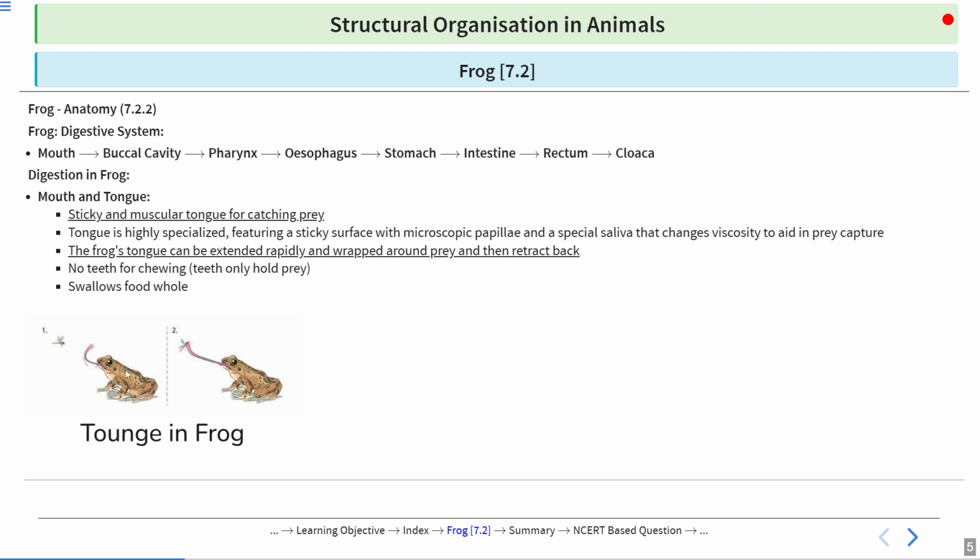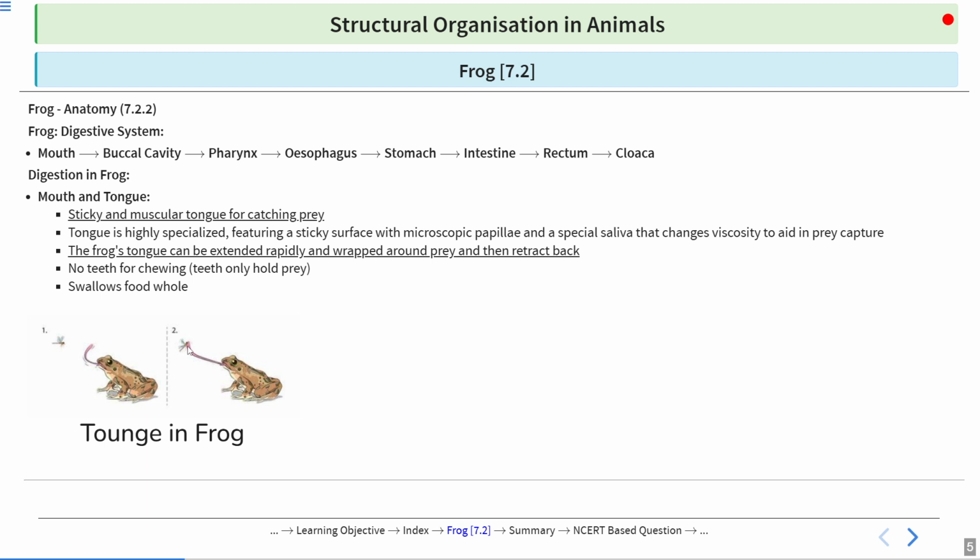Its tongue is quite long, okay, highly muscular, so it can be flexible and it can make a round in the outer environment. So if you see, this is a small fly coming to sit on this, or it can catch it also. So once it sits on it or gets in contact with the tongue, it gets stuck to it.